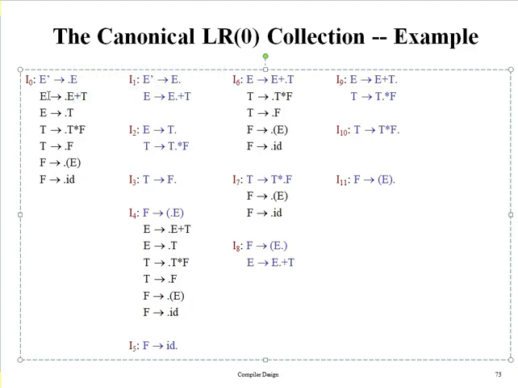As it is the start symbol, we should also consider the $ sign as an element of follow of E. And the closing bracket is also an element in follow of E. So we add the reduce action, and this production rule number is 2, R2.